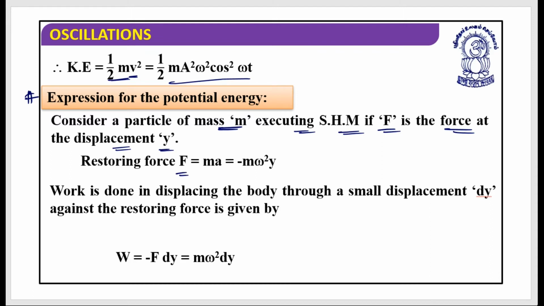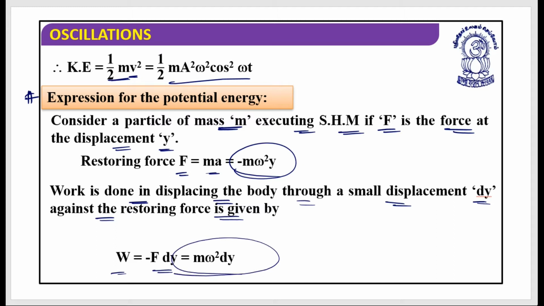Then the restoring force F can be written as F = ma, which is equal to −mω²y. Work is done in displacing the body through a small displacement dy against the restoring force, and this work done is dW = −F dy = mω²y dy.